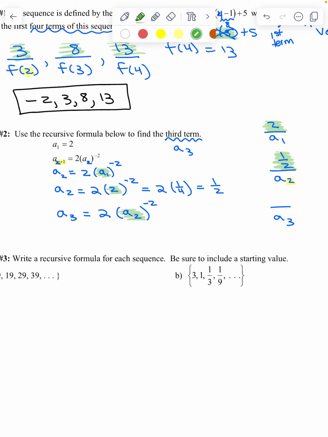Now I know the value of the second term, right? That was over here. That's a 1/2. So this is 2 times a half to the negative 2. This is the value of my second term. So 2 times 2 squared, that's 4 times 2 is 8.